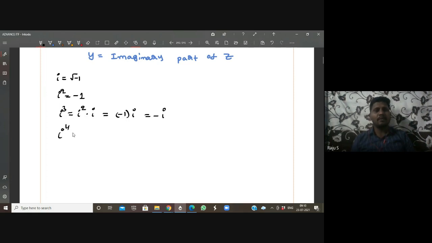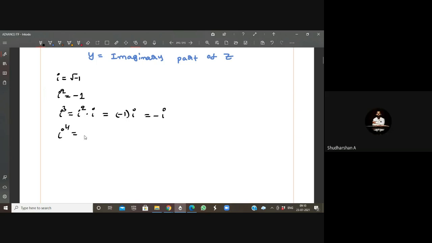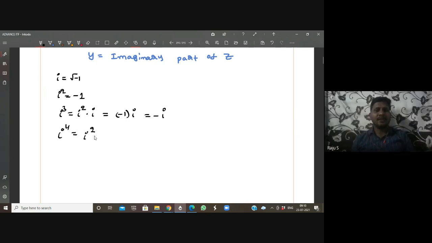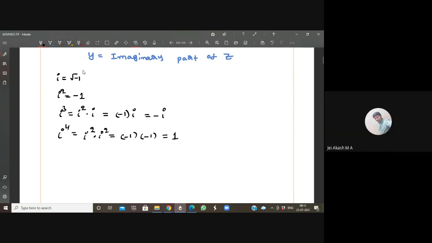What is iota power 4? Iota square into iota square, which is -1 times -1, equal to 1. So remember, students, iota power 4 is 1.